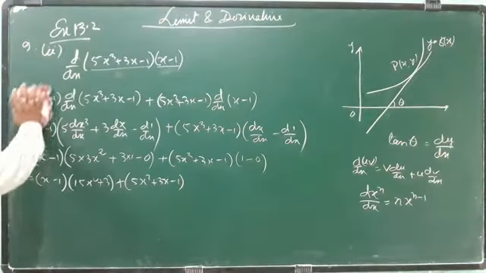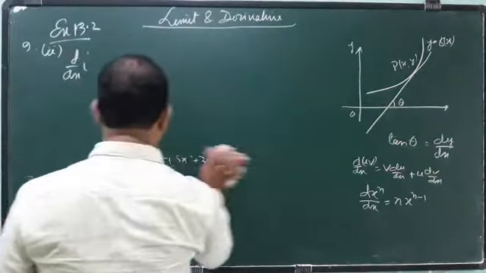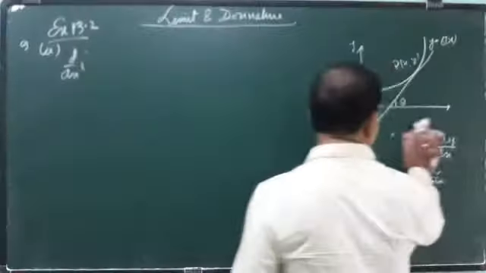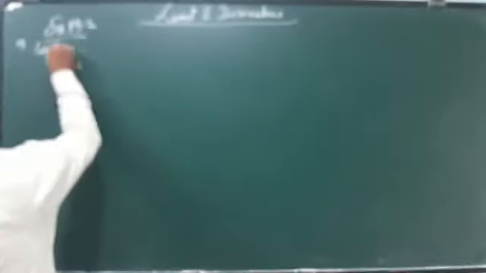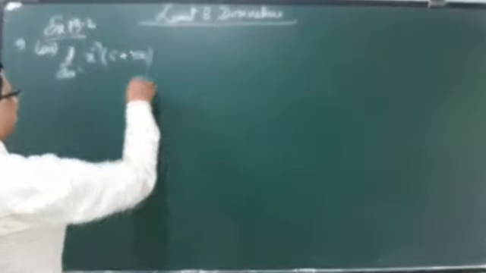Now we will do the next sum. While you are doing that, one thing you have to always remember is that you definitely have to know the formula. Now question number 3: x to the power minus 3 into (5 plus 3x).